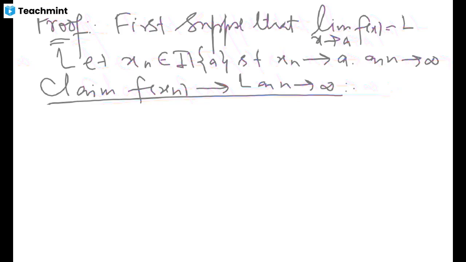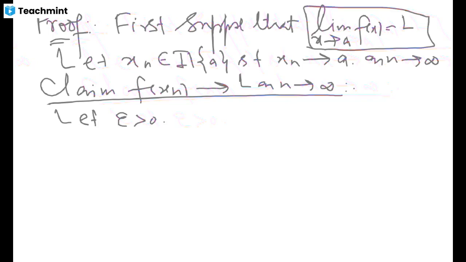Now to do this, usually how do you prove whether a given sequence is convergent or not? You just begin with some positive epsilon, and once you have been given epsilon, you go back to the definition of a limit here, use that epsilon and find some delta.